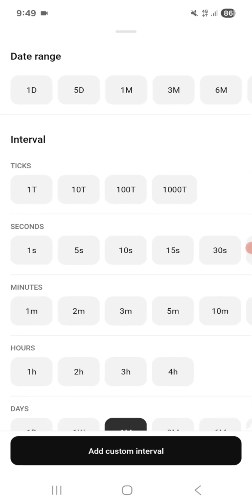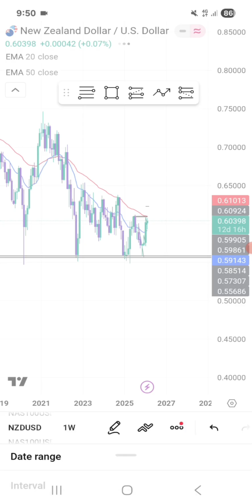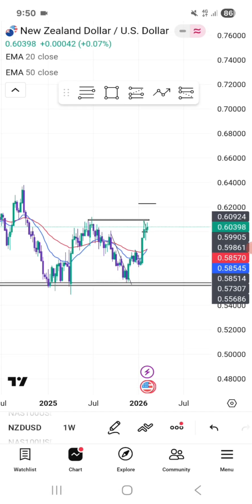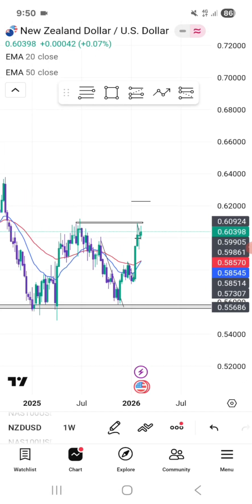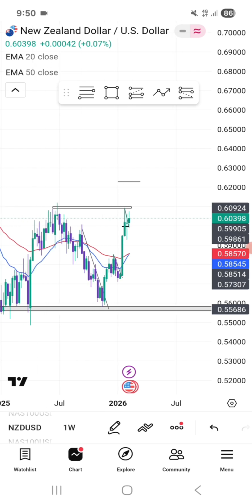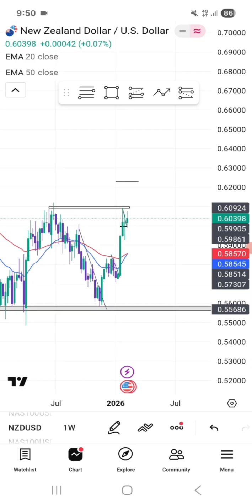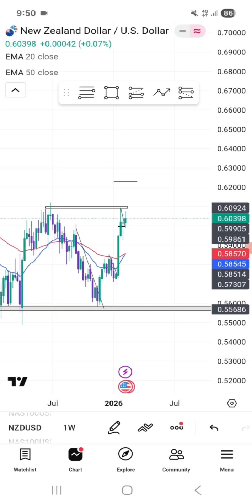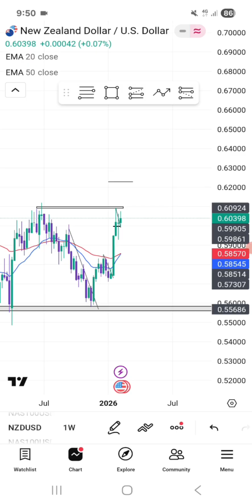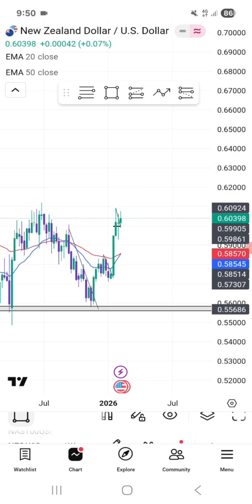So we'll take a look at the lower time frame, from the monthly to the weekly. Price here has been trending upwards for the last 4 weeks, 4 or 5 weeks, or more than that. So let's first remove these drawings.